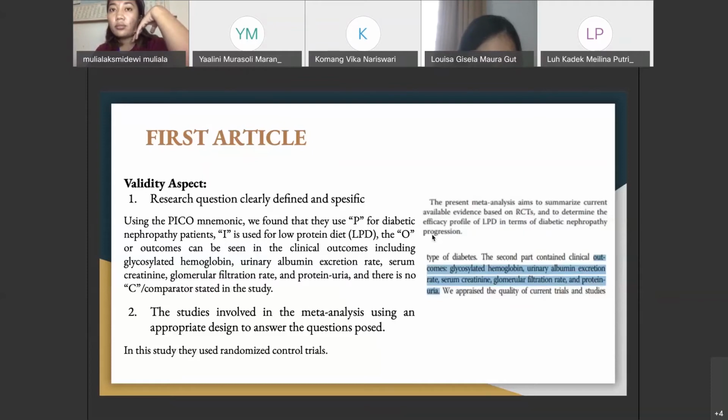And there is no C or comparison stated in the study. Then the second one: are the studies involved in the meta-analysis using an appropriate design to answer the question posed? In the study, they use randomized control trials. Next.